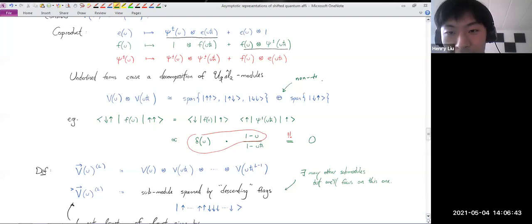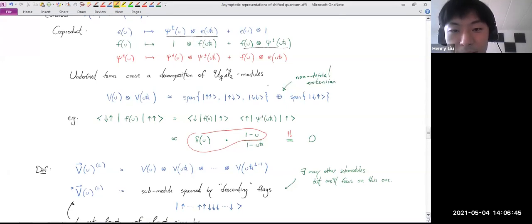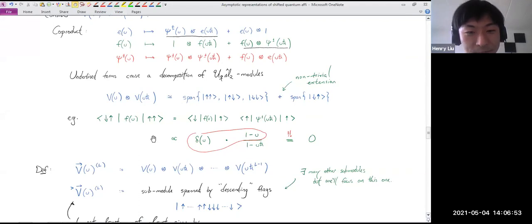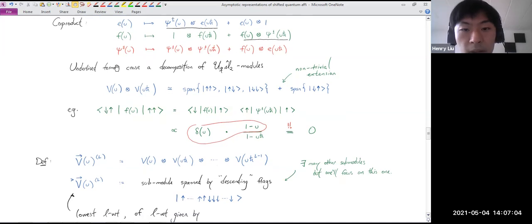So maybe I'll write just a regular plus here. Right. So maybe I should say that this 3-dimensional thing is the submodule, and this 1-dimensional thing is the quotient.